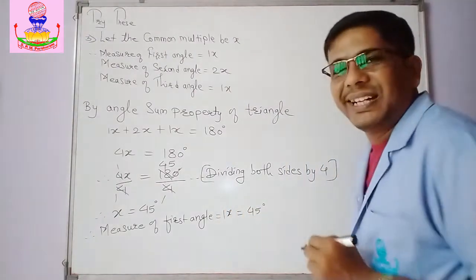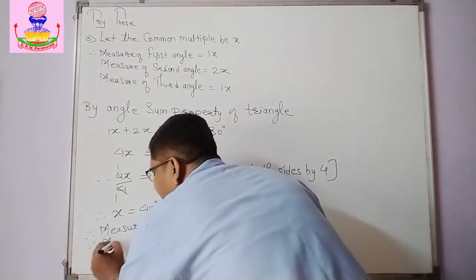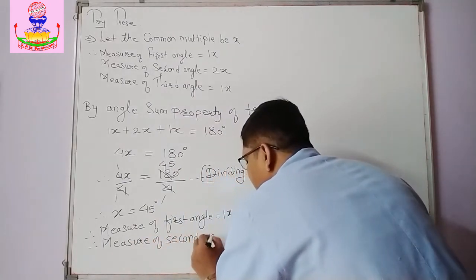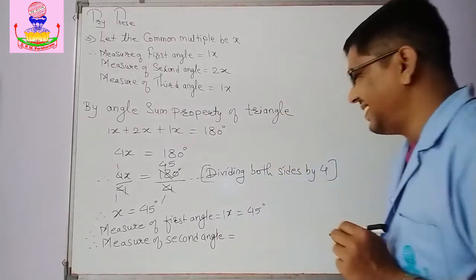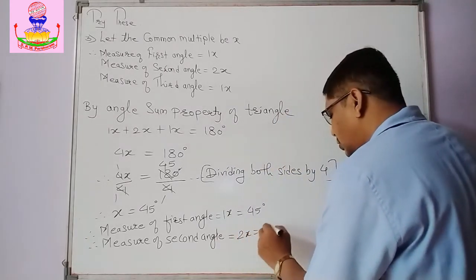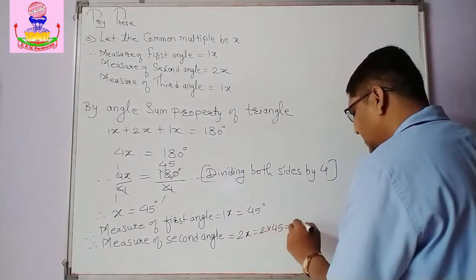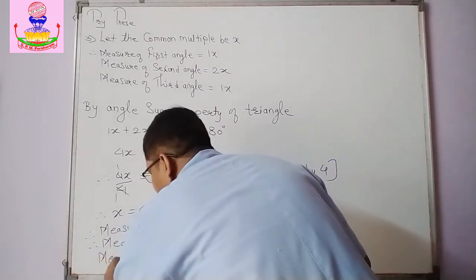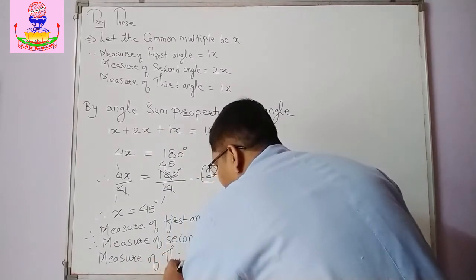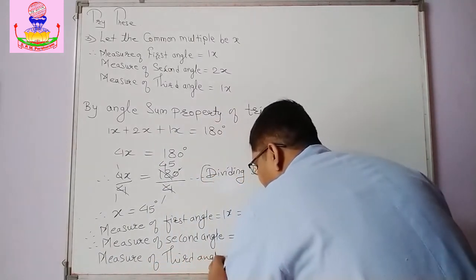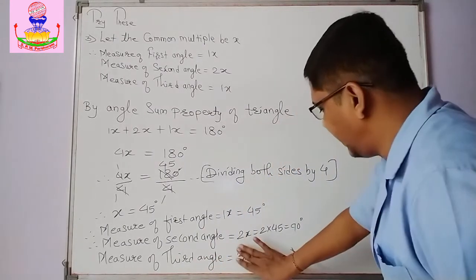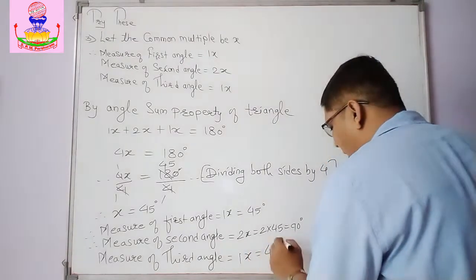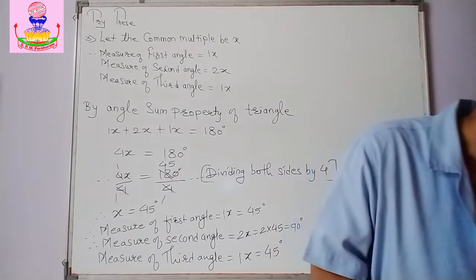So 1 into 45 means 45 degrees. The measure of the second angle is 2x, that means 2 into 45, that is 90 degrees. And the measure of the third angle is 1x, so that is 1 into 45, 45 degrees.